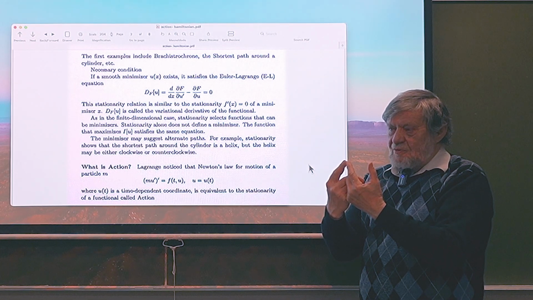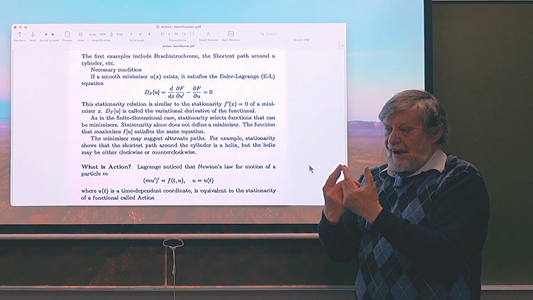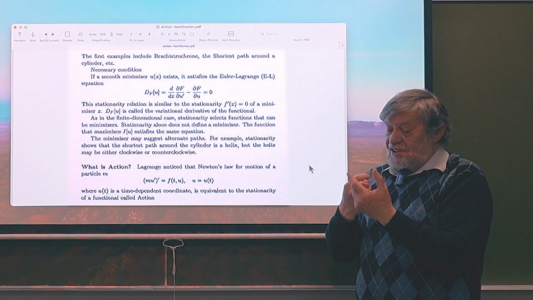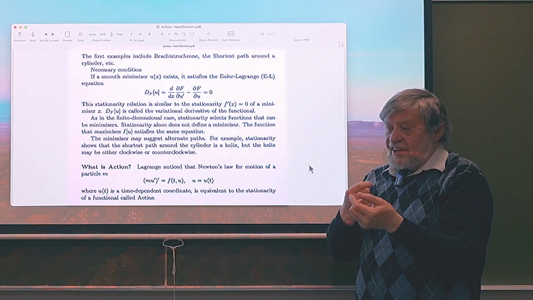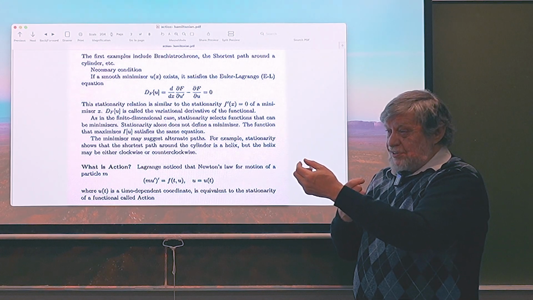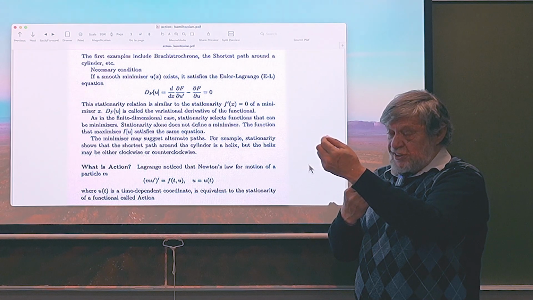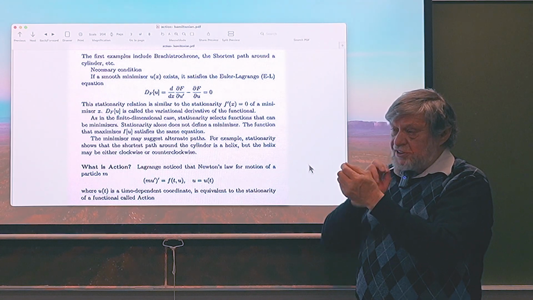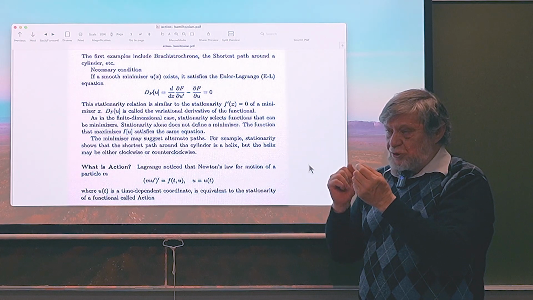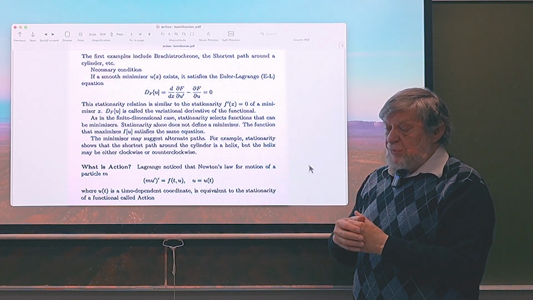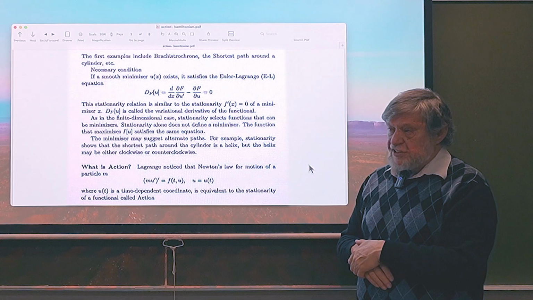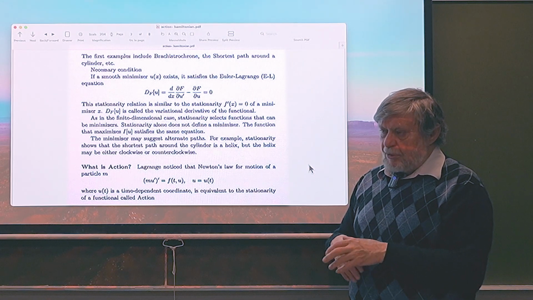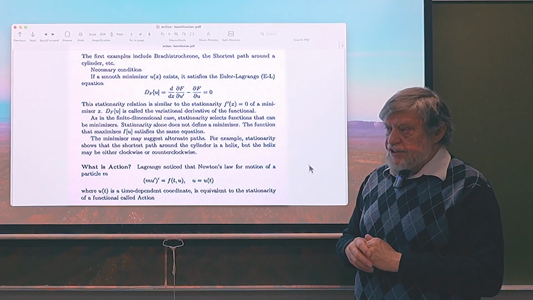The question of which path is shorter is decided by additional consideration. And if you move the target point, then suddenly the clockwise trajectory will be replaced by the counterclockwise trajectory. So the minimizer could jump from one solution to another, but both solutions satisfy the stationarity condition.